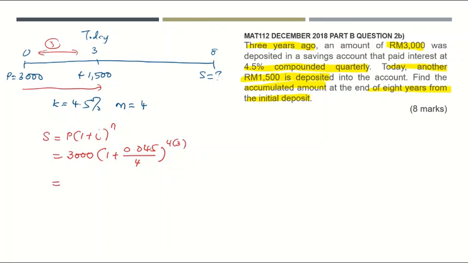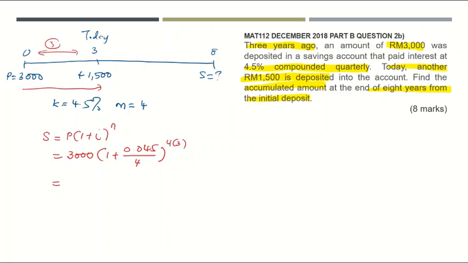Calculate this value. 0.045 divided by 4 gives 0.01125, and then plus 1 you get 1.01125. Then take it to the power of 12, that is 4 times 3. You get 1.143674441.